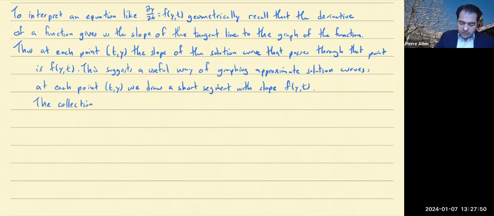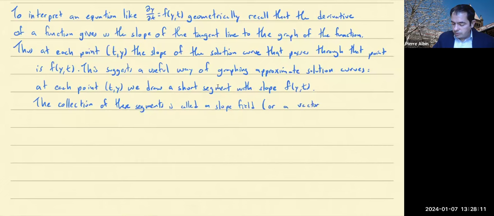The collection of these segments is called a slope field, or, closely related, a vector field.